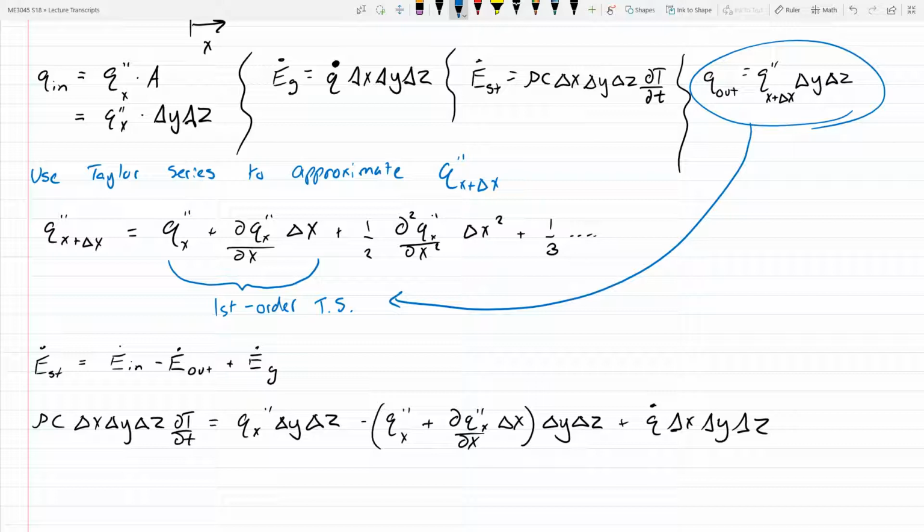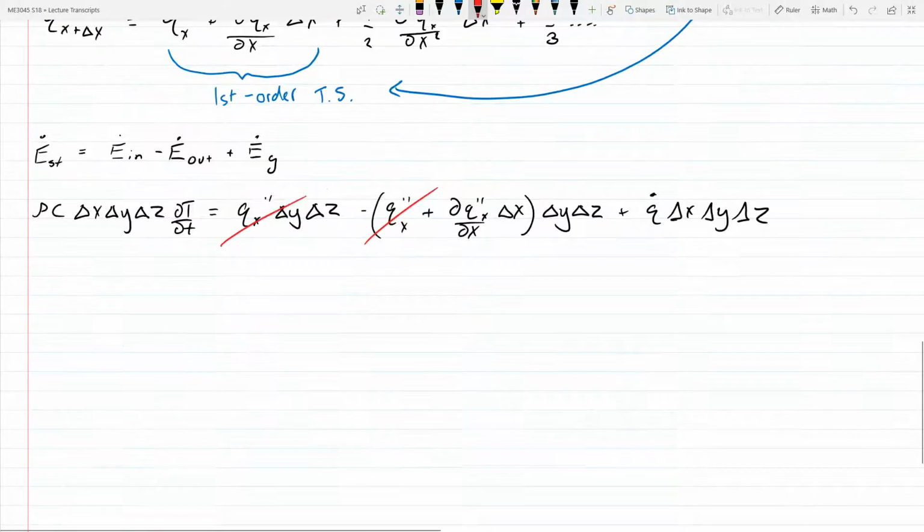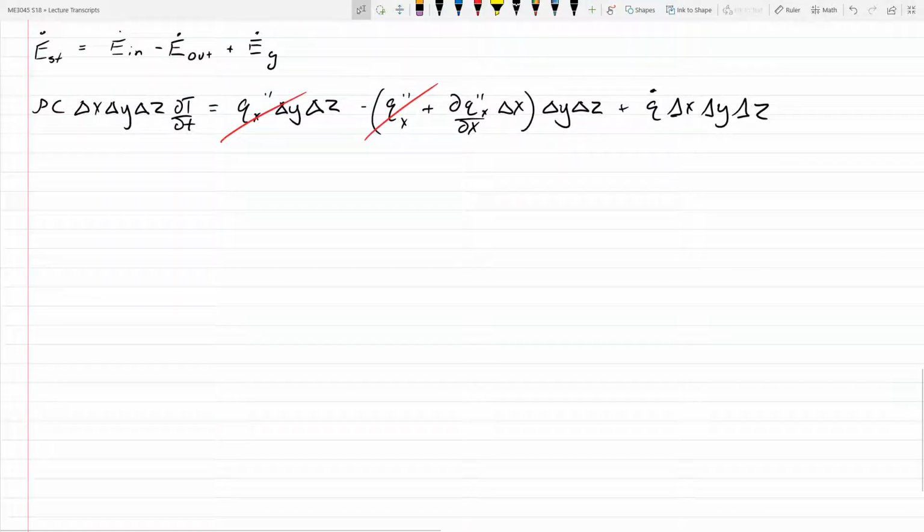So a couple things here. Now, if you look at this, we've got a Q sub x double prime, delta y delta z. We've got a Q sub x double prime, delta y delta z over here. These guys are going to cancel each other out. So these cancel. All right, I'm going to go ahead and move this up. Those guys cancel.